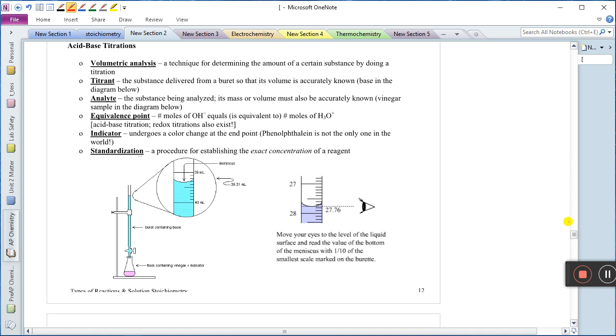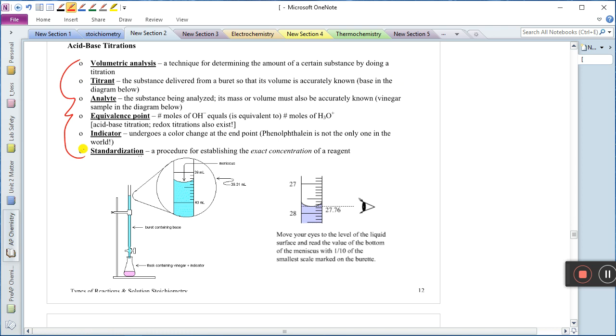So, things to remember. Because designing titration reactions is really, really popular on the AP test. Your titrant is what's in the burette. So you want to pay attention to all your vocab. Your analyte is what's in the flask. Equivalence point is when H equals OH if it's acid-base.